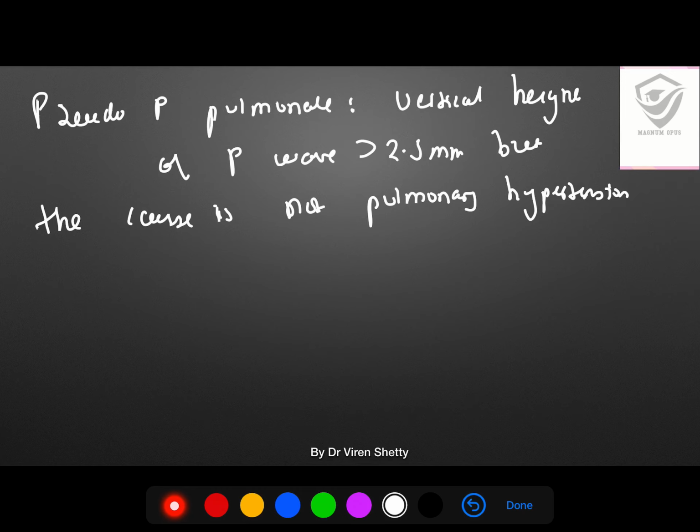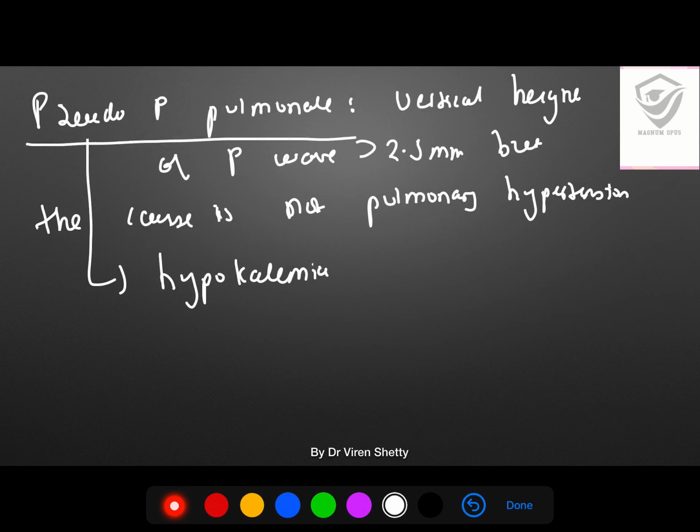So when the cause of this P pulmonale is not pulmonary artery hypertension and the cause is due to a condition called hypokalemia, then the condition is called pseudo P pulmonale. But if it is because of pulmonary artery hypertension, it is called P pulmonale.